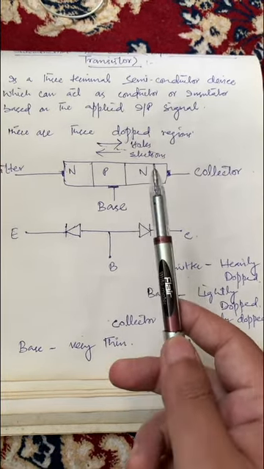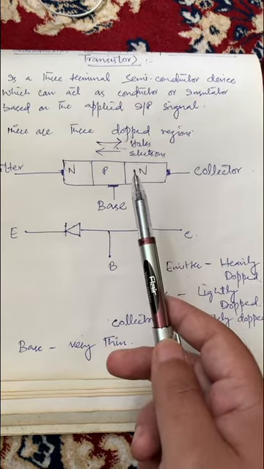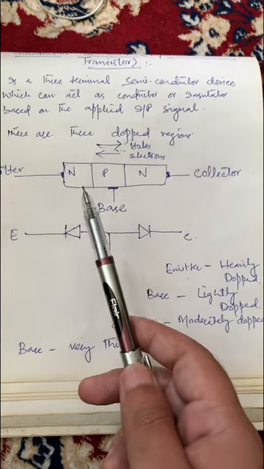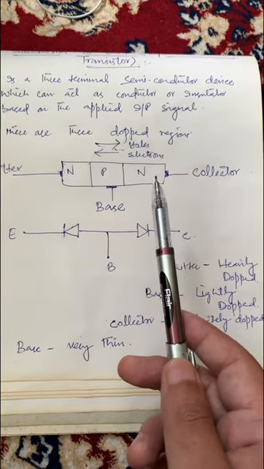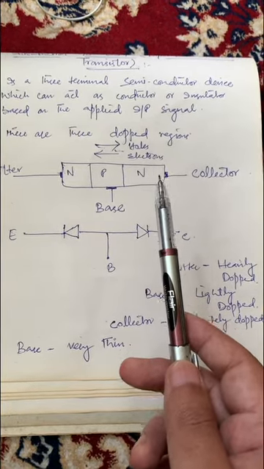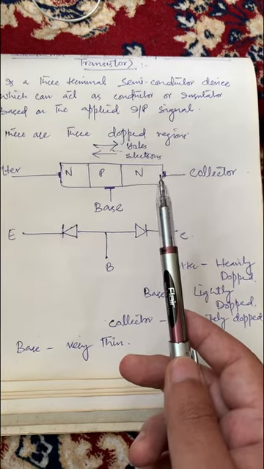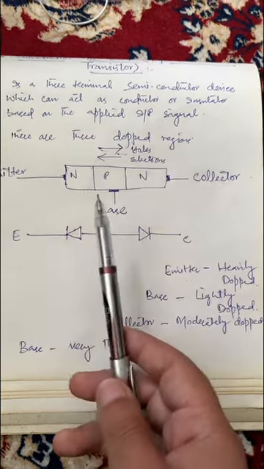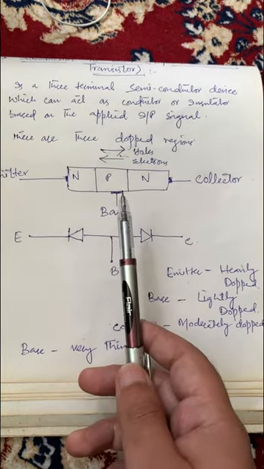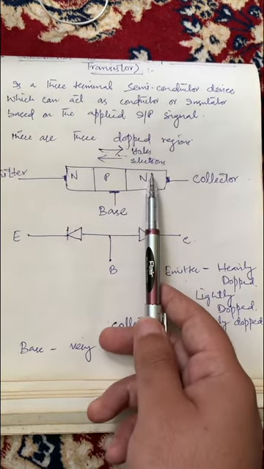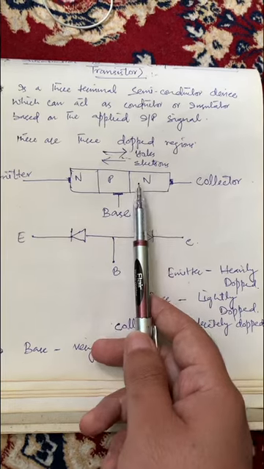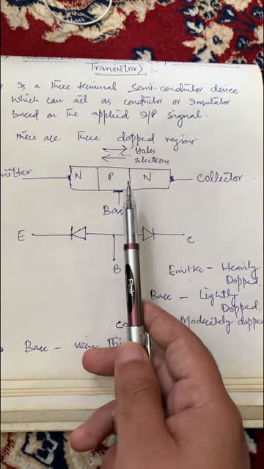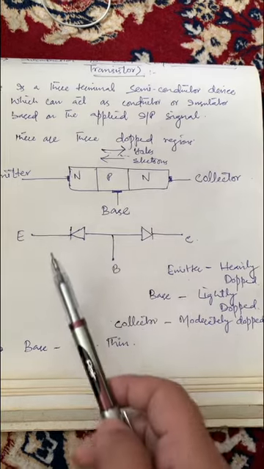Bipolar means both holes and electrons contribute towards the flow of current, and bidirectional means that it will conduct from both directions, from anode to cathode and as well as from cathode to anode. So this is a bipolar device. That means both holes and electrons will contribute to the flow of current.